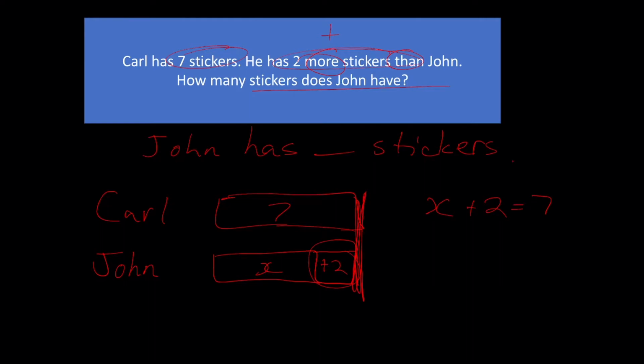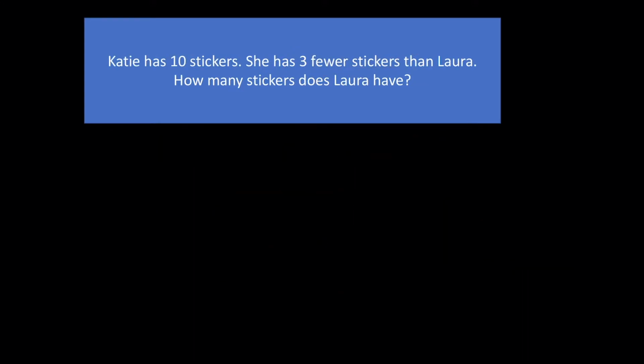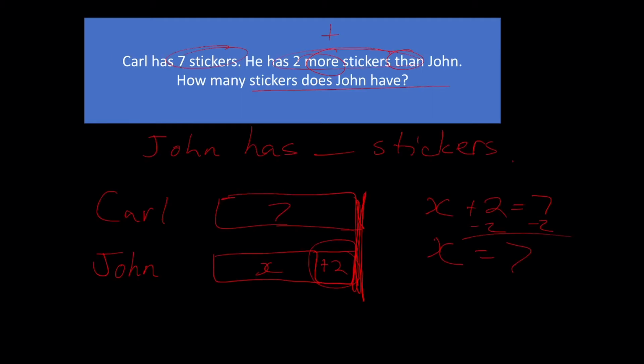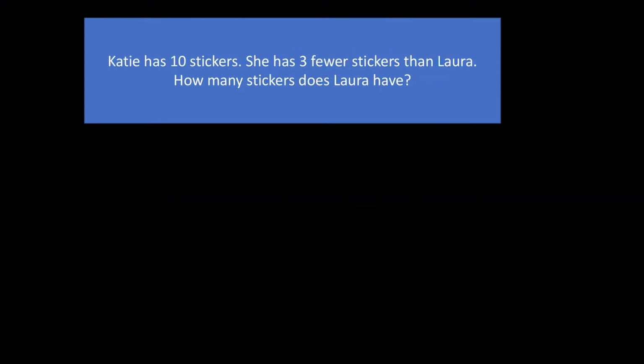And now I can go minus 2 here, minus 2 here, and this would be x is equal to 7. Okay, so same thing. I want you to try to draw this out exactly how I did, remembering that I use those words exactly. So doing is going to make you remember.